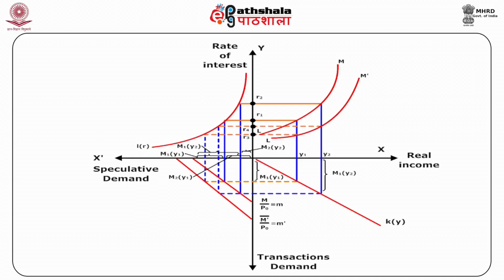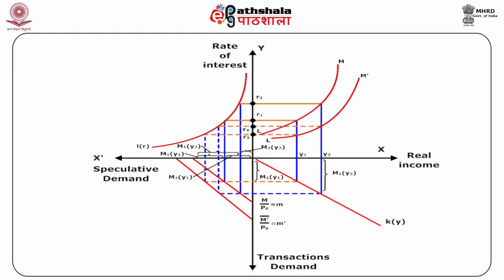Therefore, I repeat that with a given level of income y1, the m1 remains the same, but to fill the gap, that is the excess money supply that has come into the market, m2 has to grow. But let us remember that m2 is negatively related to the rate of interest. Therefore, unless the rate of interest falls, m2 is not likely to grow.